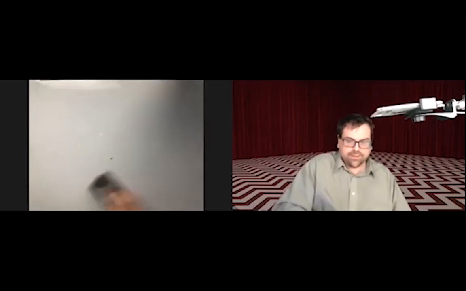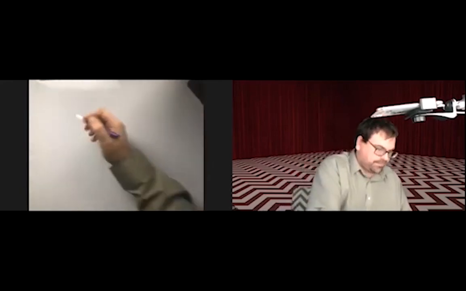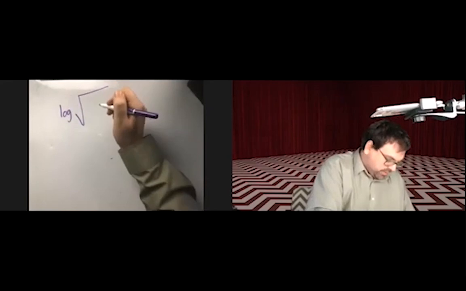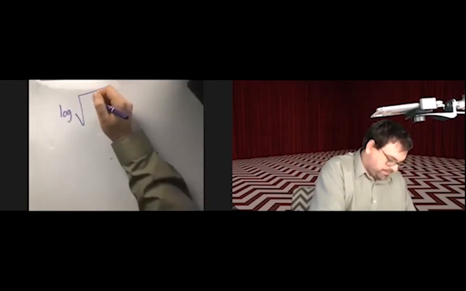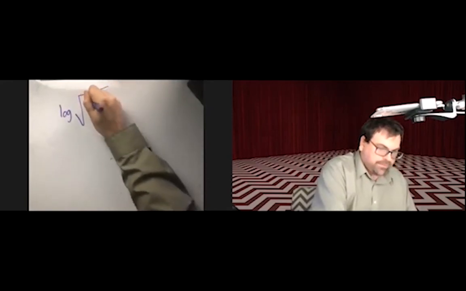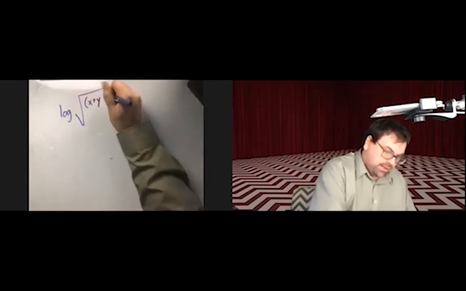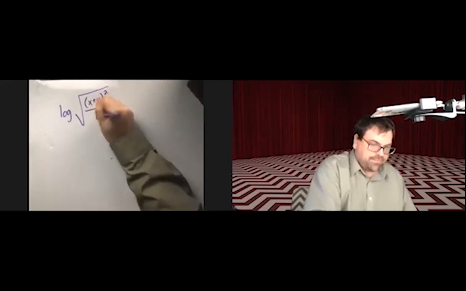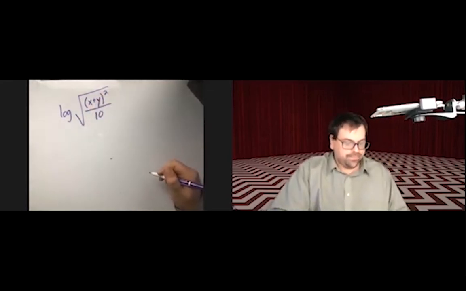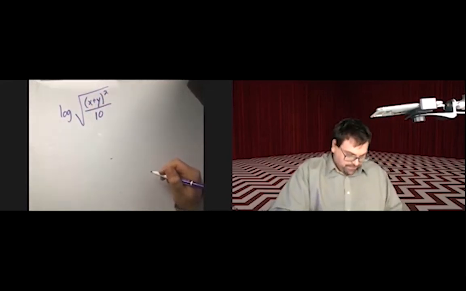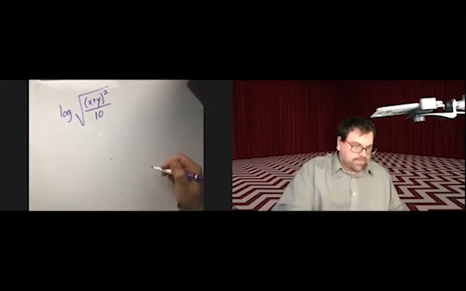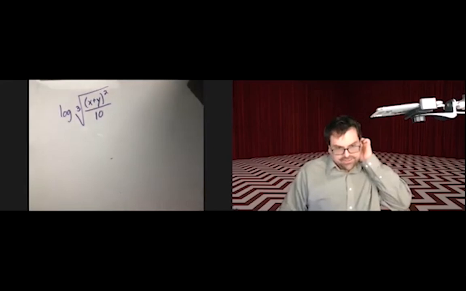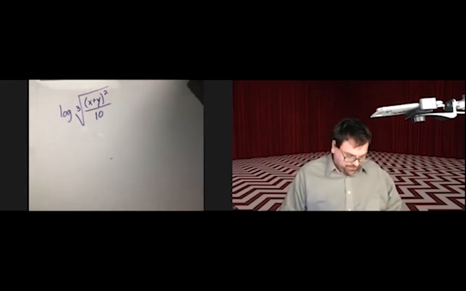Let's do another. The log of the square root of x plus y squared over 10. I'm sorry, this is a cube root. Log of the cube root of x plus y squared over 10.